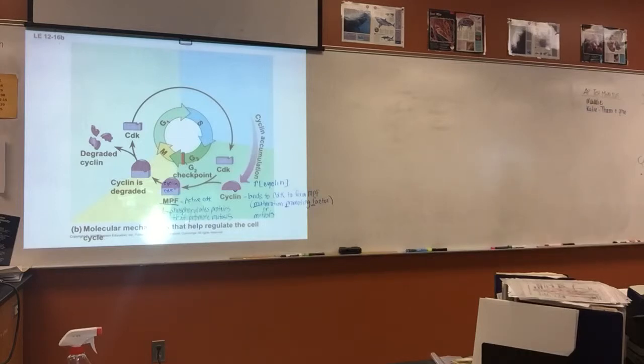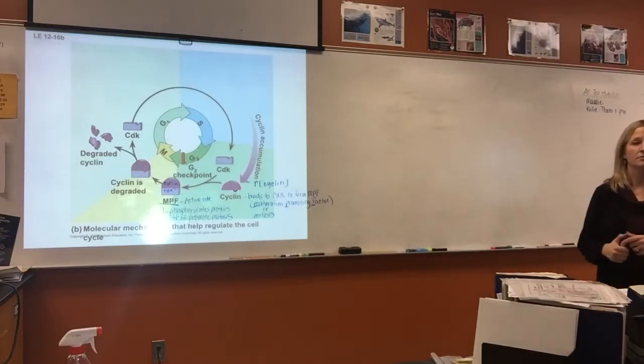Absolutely. Okay. So if a cell, like let's say there was something like a mutation in the DNA that did not allow the cell to create a cyclin, would the cell just go through the G1, S, G2, and then back into the G1 and just get so big that it was going to burst?